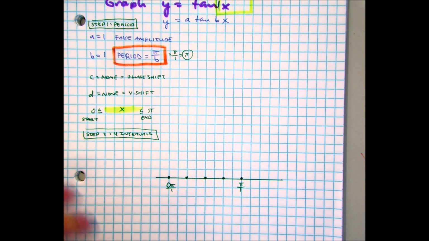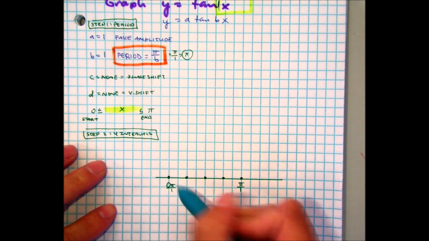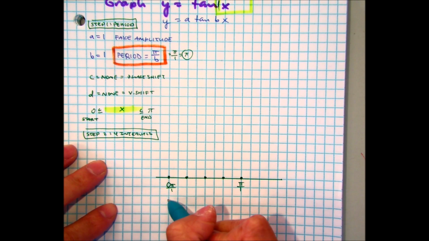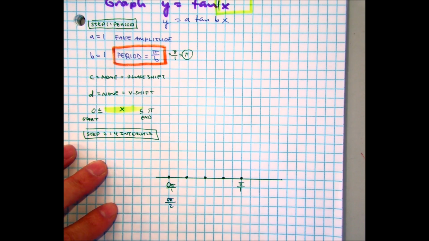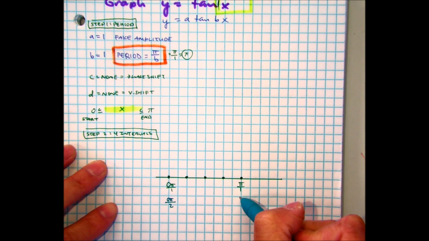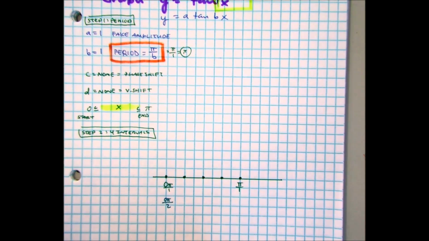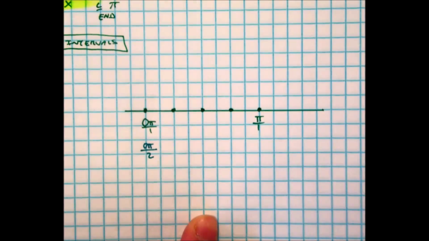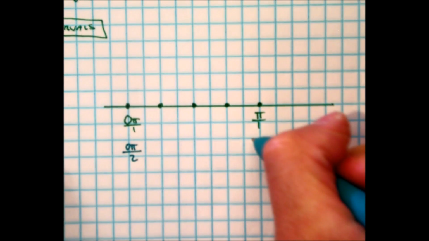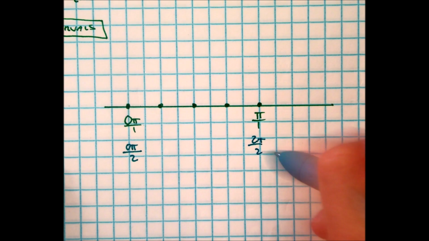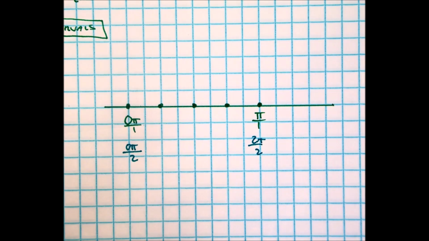We're just going to double it. What are we going to do? So if I double this, what do I get? 0 pi over 2. And this one will become what? 2 pi over 2. Let me explain why I did that.